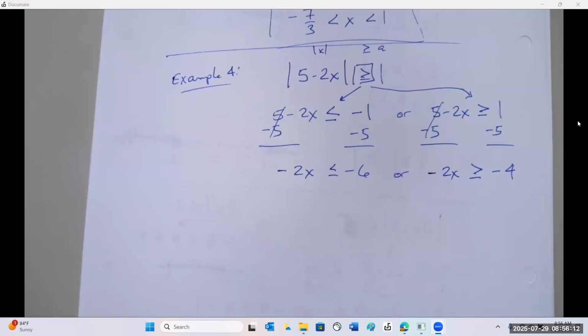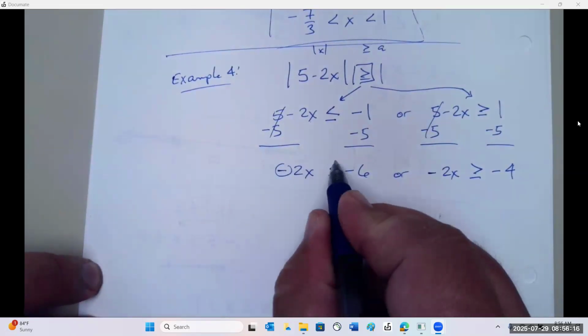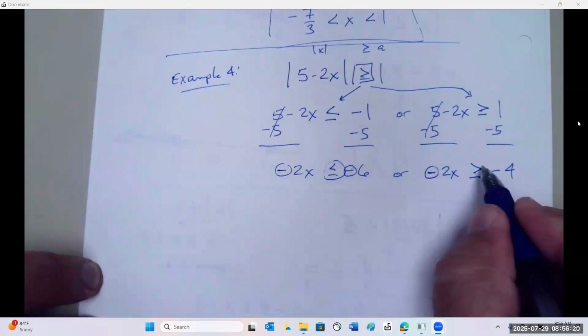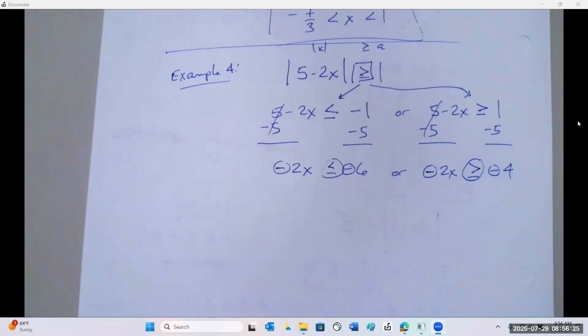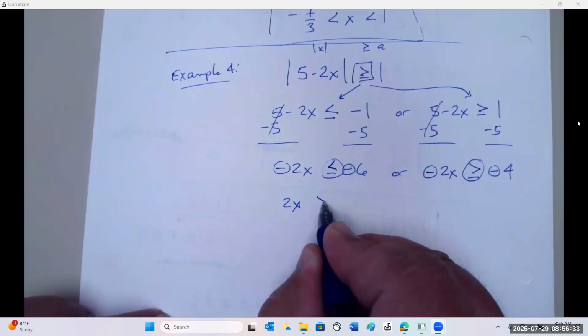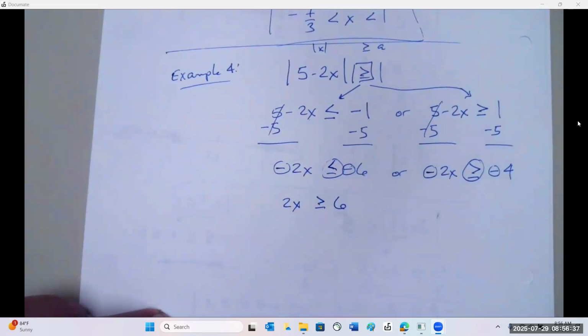Get rid of the negative first. How? Change the signs, change the inequality, change the sign. You will make far fewer mistakes if you do it this way. So we have 2x. This one from less than becomes greater than. From negative 6 becomes positive 6.